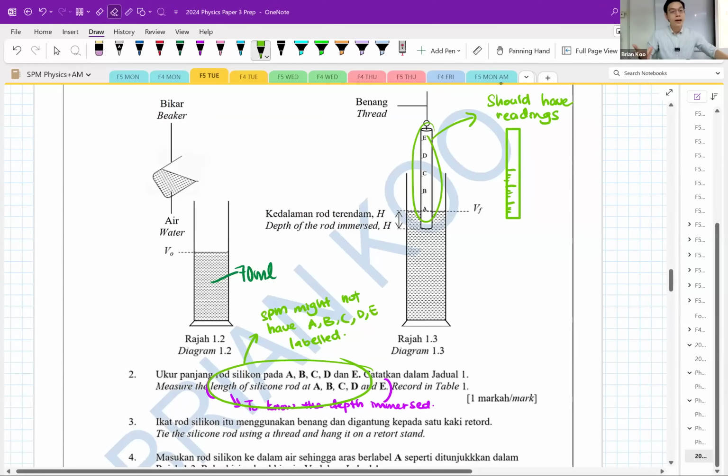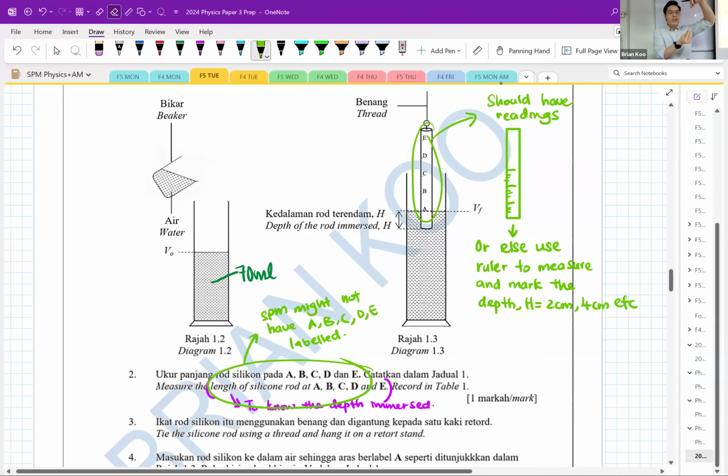Okay, if you don't have a reading, then how? Then you use your ruler to measure and you mark it yourself. Maybe you can mark the depth H as 2 cm, 4 cm, etc. These are just example values.